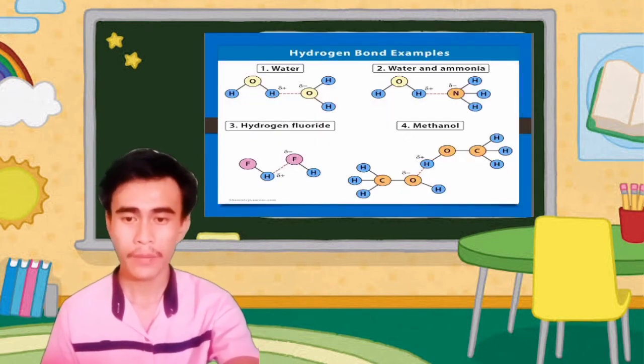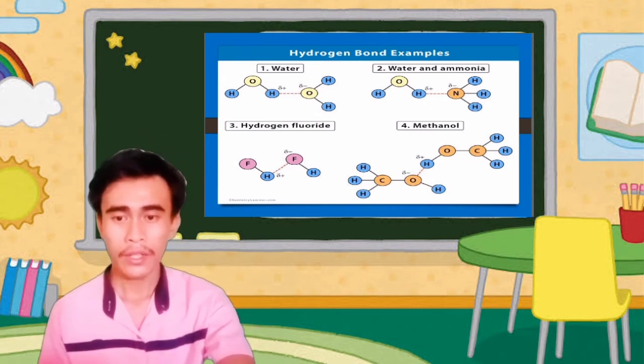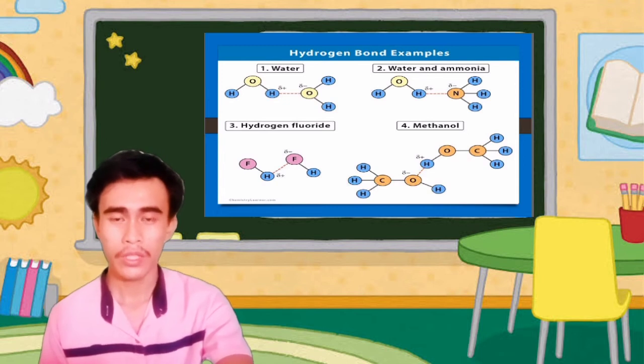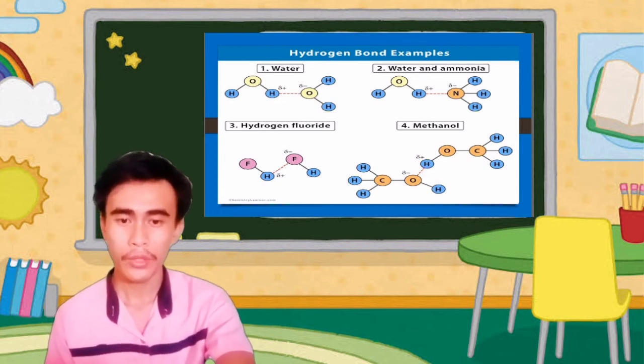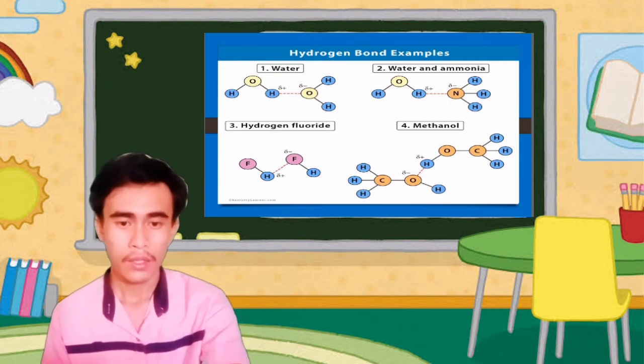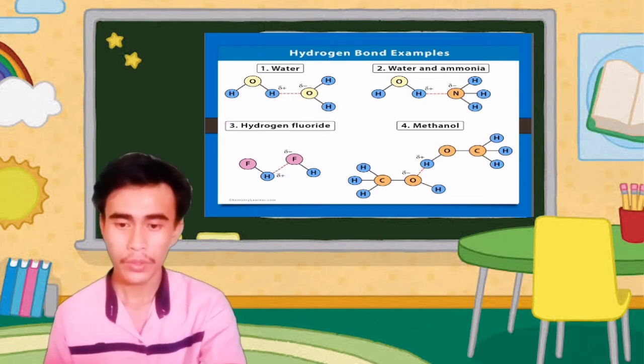Another example is water to water, where there is an attraction between the hydrogen and oxygen of two molecules. And with water and ammonia, there is an attraction between the hydrogen and nitrogen.